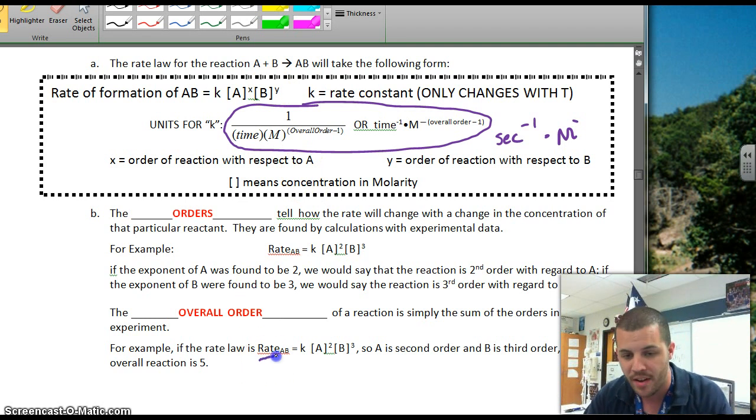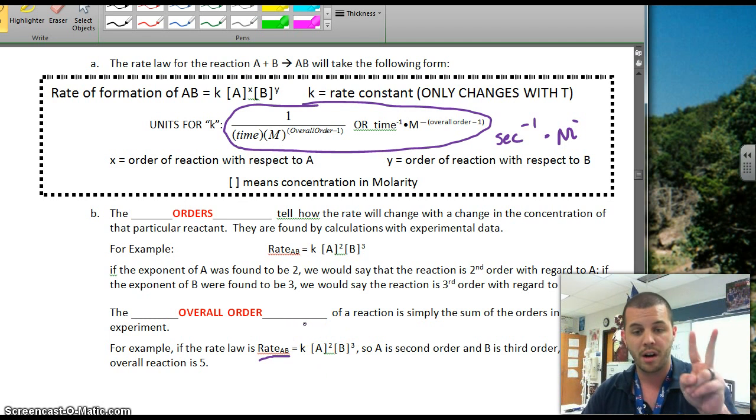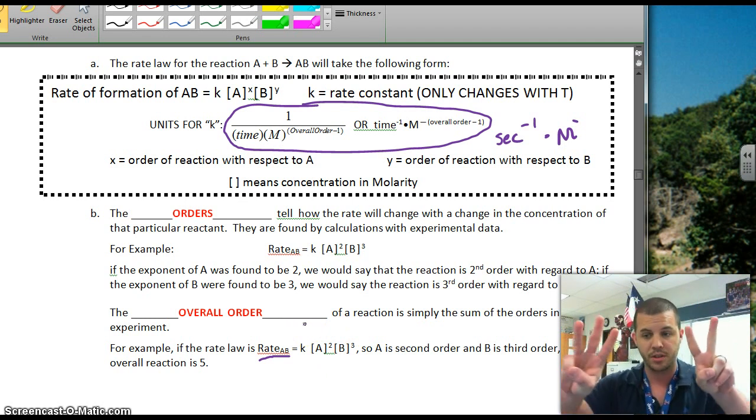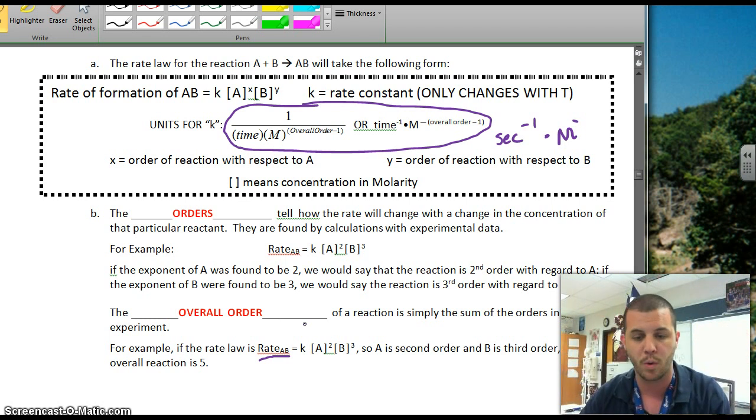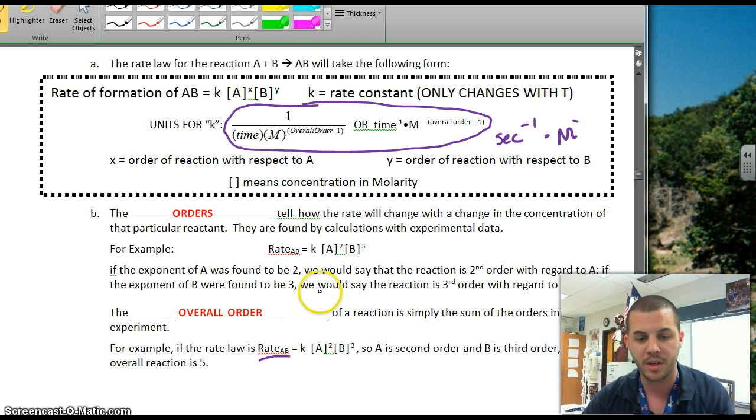So this is the rate of AB equals K, which is our rate constant, times the concentration of A to the 2, times the concentration of B to the 3. So 2 is the order of concentration A, 3 is the order of concentration B. You add those up for an overall order of 5. Now, we're going to play with all that. All of that's going to mean more to us when we start calculating the rate law.